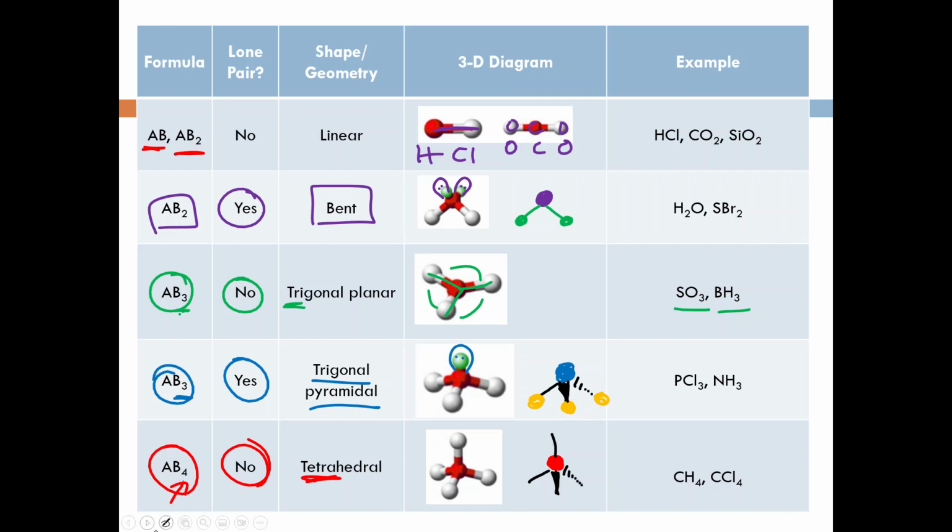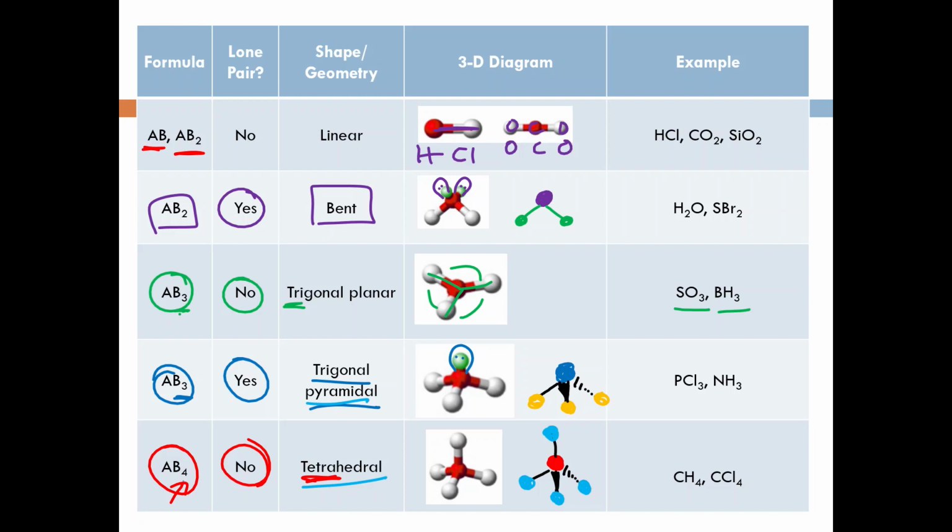And I'm going to make the other atoms a different color for fun. So this will be blue, this will be blue. So on the pyramidal and on the tetrahedral, make an effort when you're drawing the ball and stick model or the 3D structure to show that they are three-dimensional.